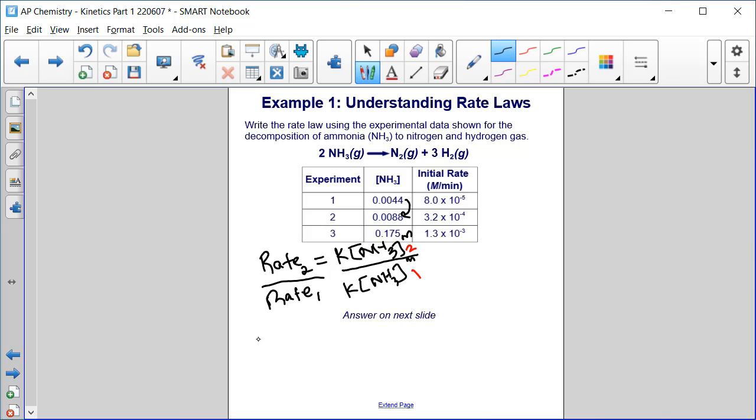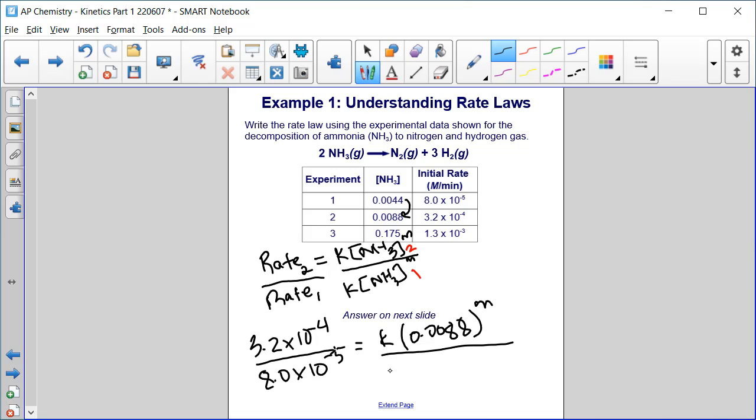So the rate in reaction 2 is 3.2 times 10 to the minus 4, just reading that from the data table. Reaction 1 is 8.0 times 10 to the minus 5, equal to k times the concentration of NH3, 0.0088, to some m power, and then k times 0.0044.